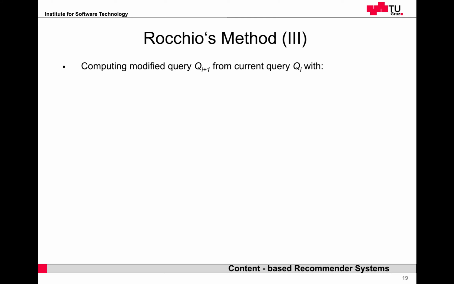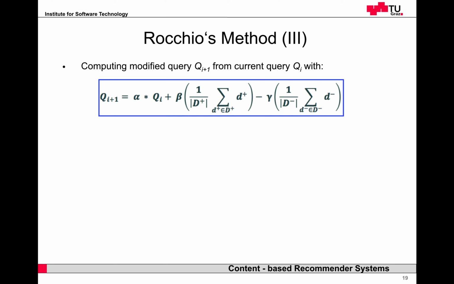The modified query vector of an original query vector is identified using the following formula. In this formula, alpha is the weight of the original query vector, beta is the weight of positive feedback, and gamma is the weight of negative feedback.